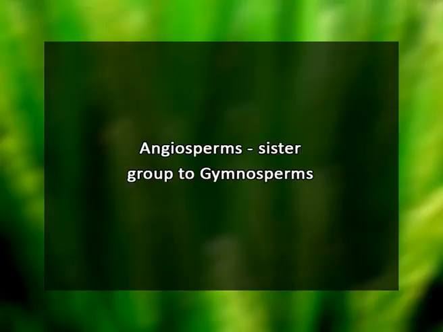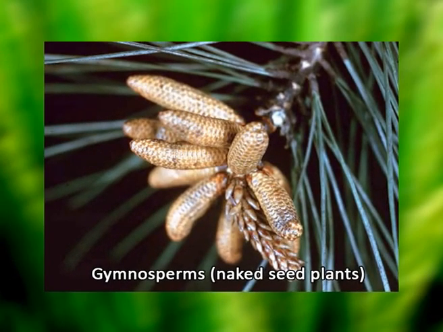At present, the angiosperms are thought to be very closely related to another group of plants called Gymnosperms. That's why sometimes we call angiosperms the sister group to the Gymnosperms. Gymnosperms are basically plants with naked seeds.